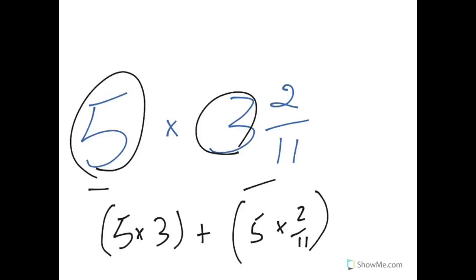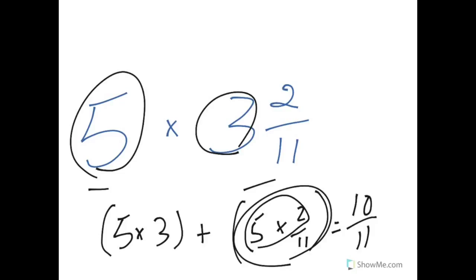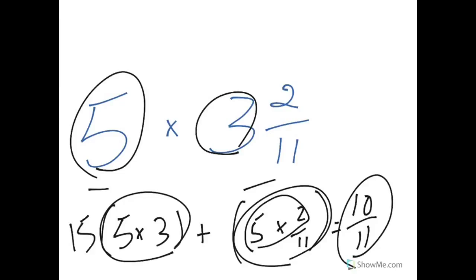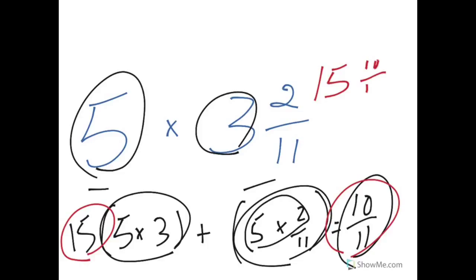And I'm putting my parentheses because I'm going to do these each separately. 5 times 2/11, well, I know I multiply the whole number in the numerator, that's 10. Denominator stays the same. Okay? So 5 times 2/11 is 10/11. 5 times 3 is 15. Now all I have to do is put these together. 15 and 10/11.